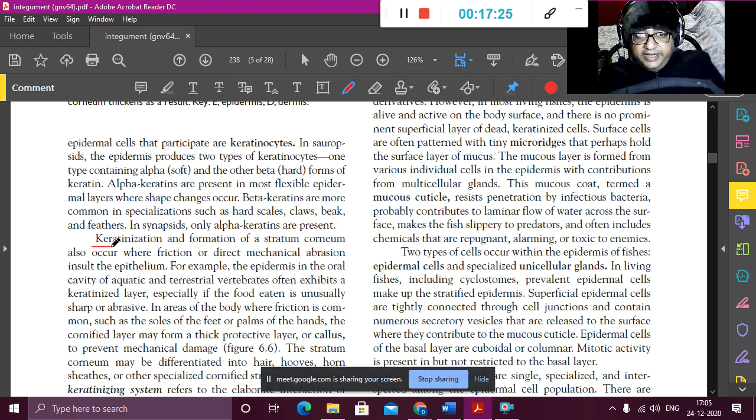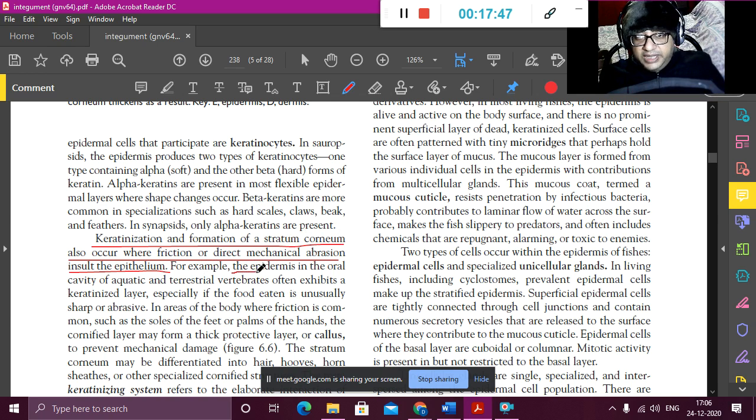So keratinization and formation of a stratum corneum also occurs where friction or direct mechanical abrasion insults the epithelium. What a strong word. It's called insult, or it interferes with, or disturbs the epithelium.